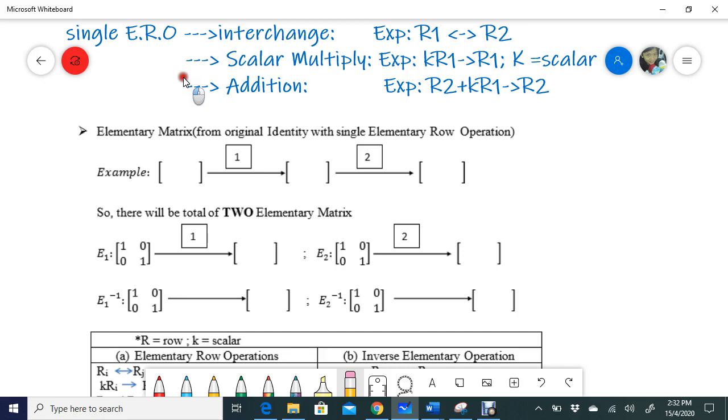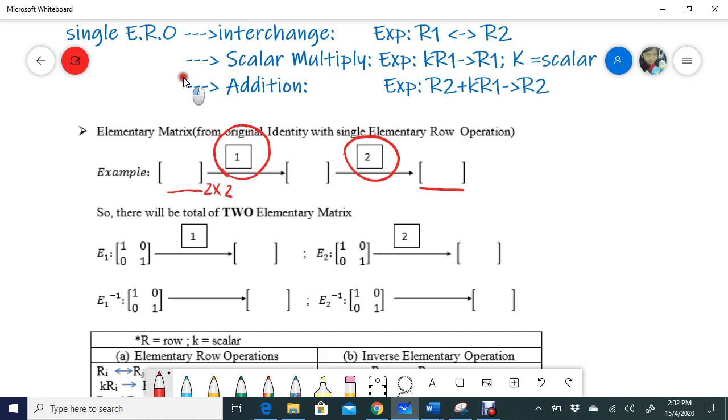Now, elementary matrix is based on what you have under your elementary row operation. Let's say you are reducing your existing matrix to a result, and in the process you involve two elementary row operations. Let's say this is a 2 by 2 matrix.